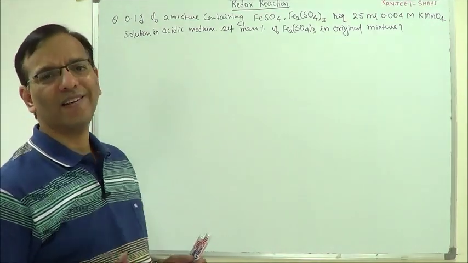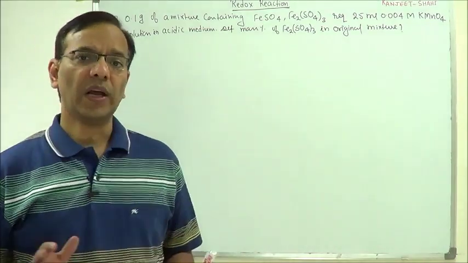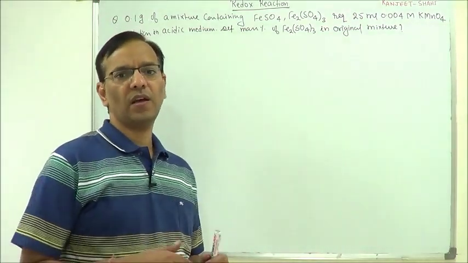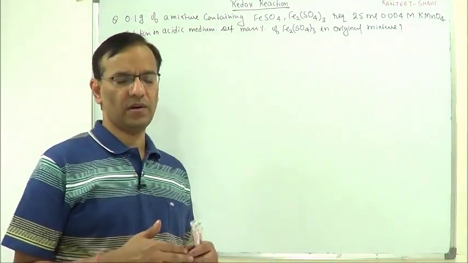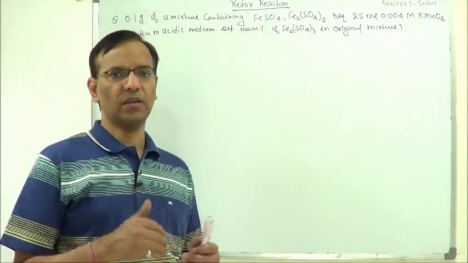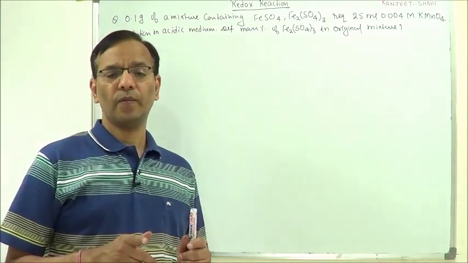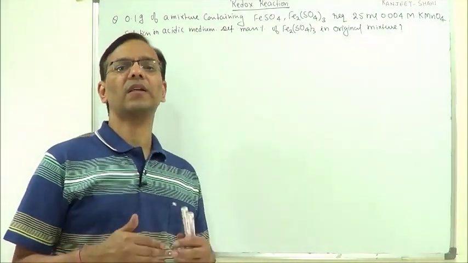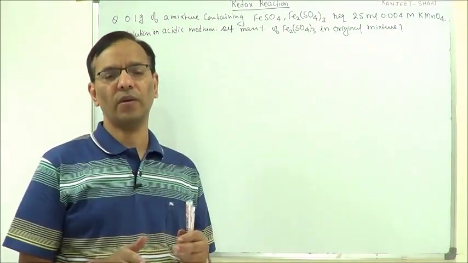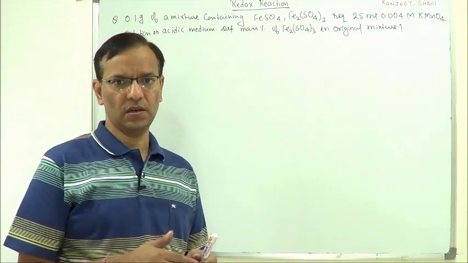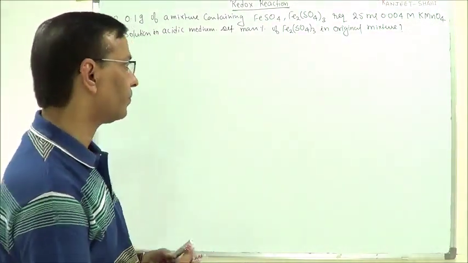When we go for titration with potassium permanganate, which is an oxidizing agent, it will oxidize only ferrous sulfate, not ferric sulfate. So first we would determine ferrous sulfate, and then by subtraction we would determine ferric sulfate. So let us see how to determine ferrous sulfate first.